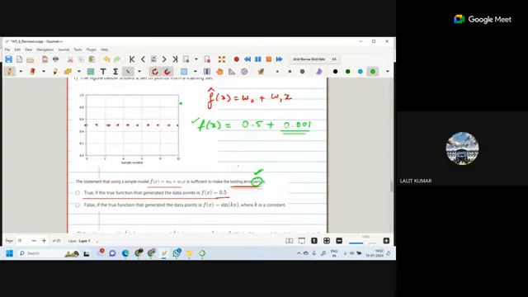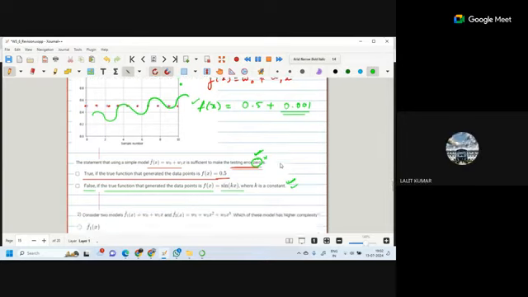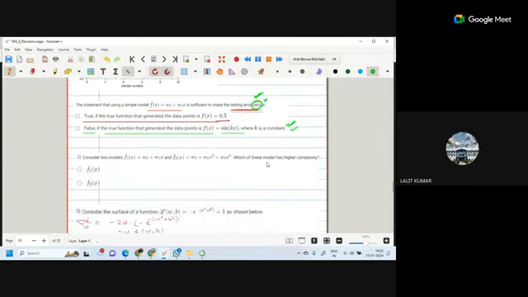Second, it is false if the true function that generated the data is sine of kx. Because if your true function was like this, then your loss would not have become 0. So it's a concept question.